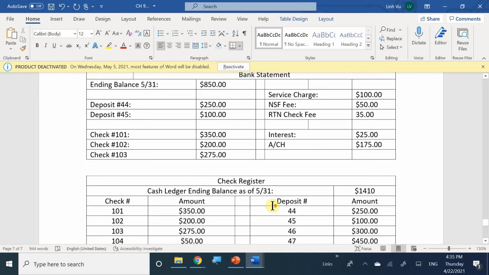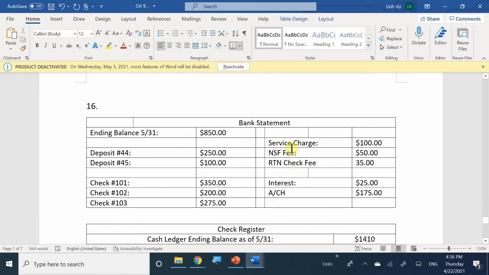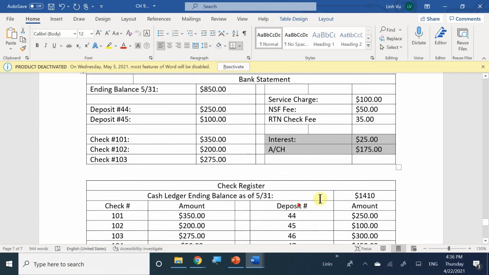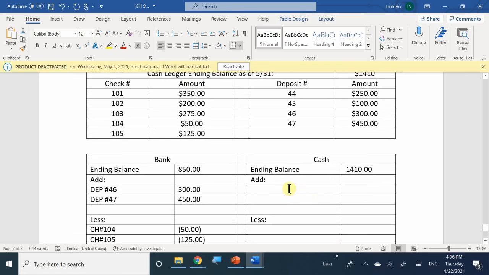Interest and the ACH. Perfect. So how much is this? $200 in grand total, yes. So here, I'm going to add interest of $25 plus my ACH of $175.